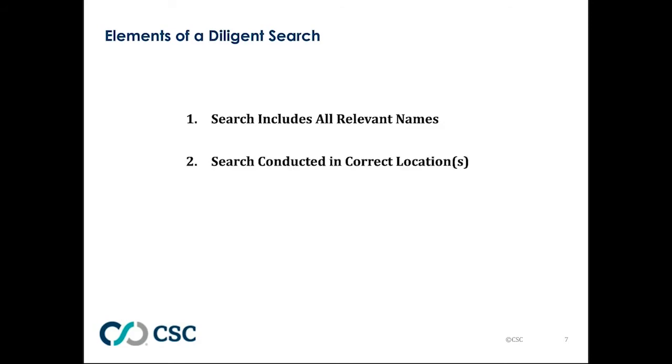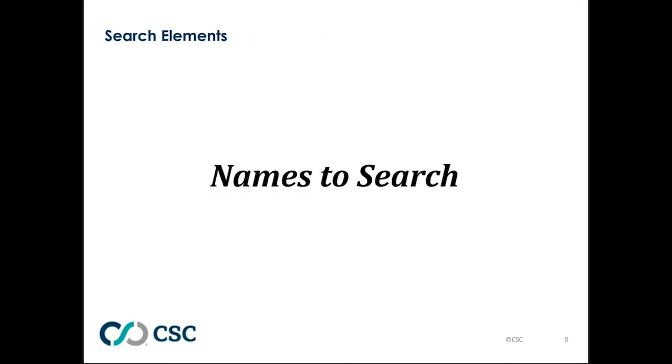It has to be conducted in the right locations. It doesn't do any good to look in the wrong locations for active and effective UCC interests. The searcher, in order to conduct a diligent search, has to recognize the limits of the different types of search logic that are available to the searcher, and there are oftentimes multiple options. And we'll begin with the names that have to be searched.